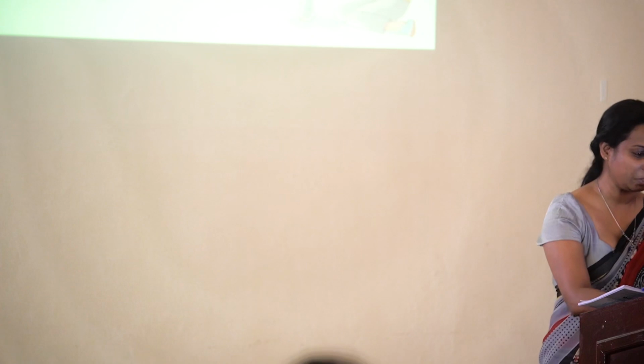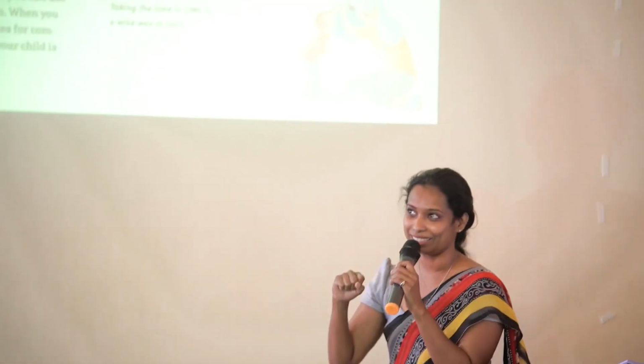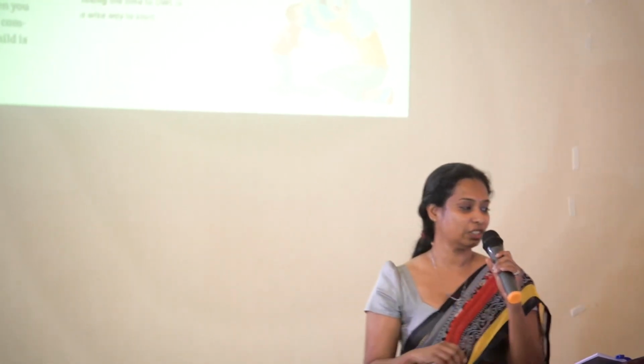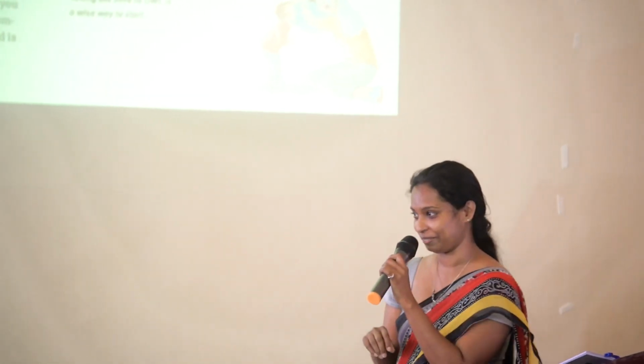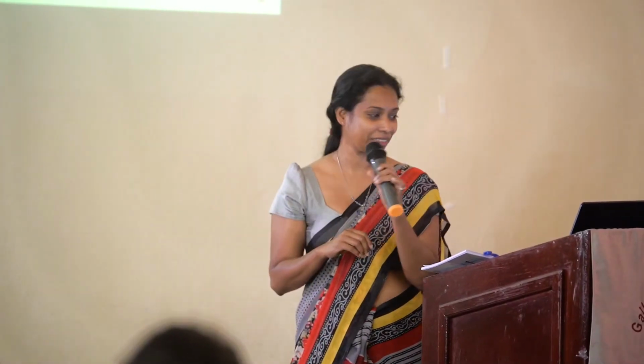So next, let's move on to the next one. We have another thing called OWL. We have a meaning for each letter. O means observe, W means wait, L means listen.